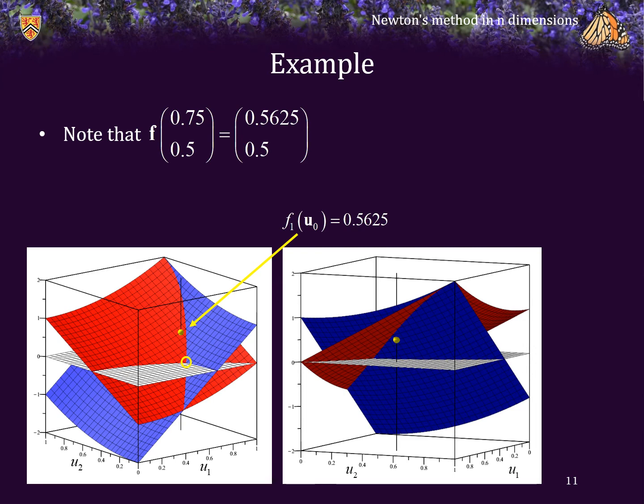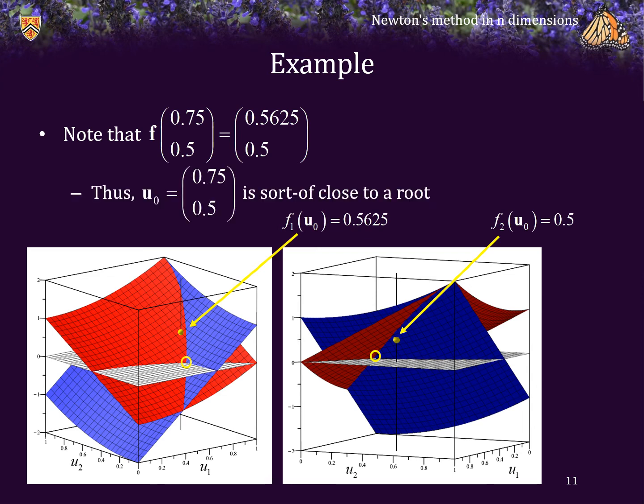Looking at it from another orientation, you can see that the second function evaluated at this initial vector u0 is 0.5, so slightly smaller. And once again, there is the simultaneous root from this orientation. Consequently, we see that this u0, 0.75, 0.5, is sort of close to a root. So let's use Newton's method to see if we can get a better approximation.